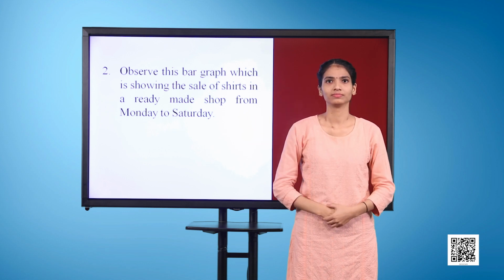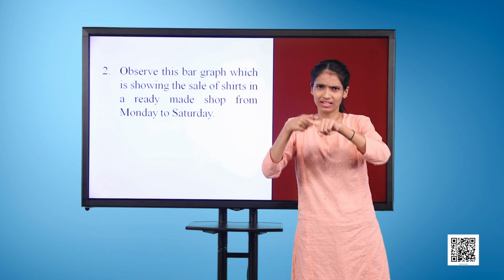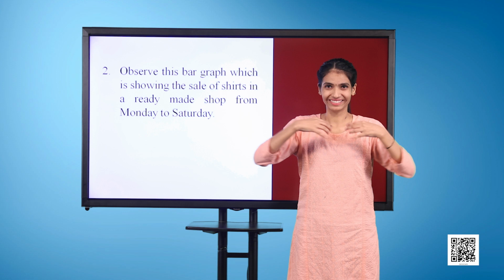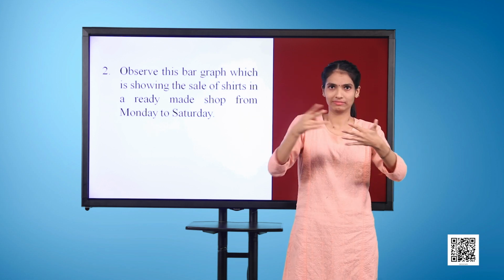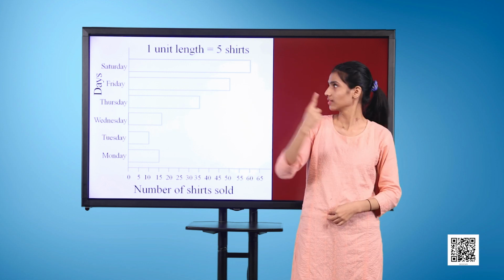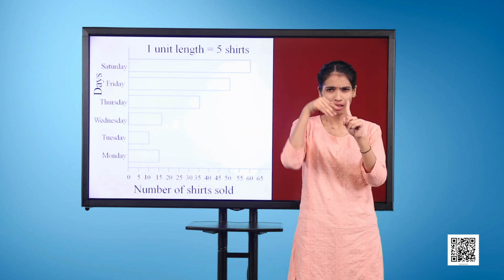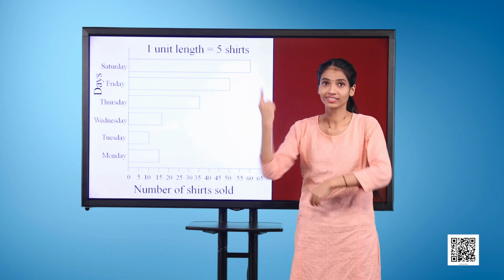2. Observe this bar graph which is showing the sale of shirts in a ready-made shop from Monday to Saturday. The bar graph shows the number of shirts sold with respect to the days of the week. 1 unit length is equal to 5 shirts.